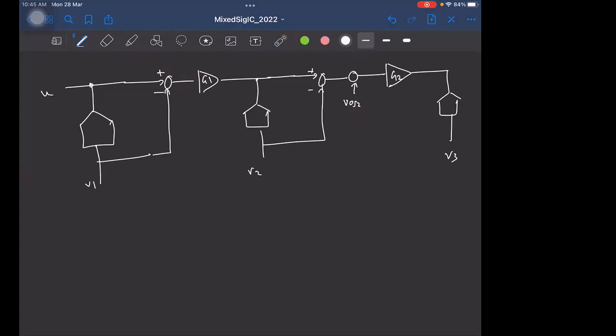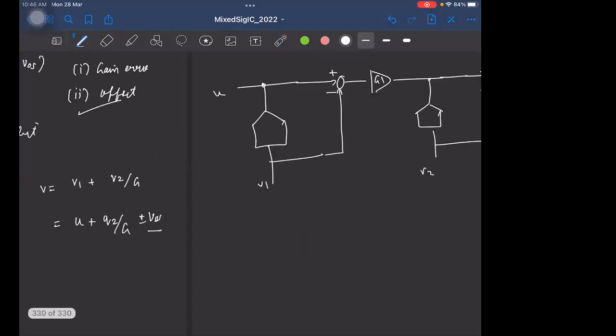But the idea is that if I want to refer it back to the input, it is VOS by G1. So the point to note is that the offsets of the succeeding ADCs or amplifiers get divided by the gains. The important thing to design for is the offset of the first stage. Besides that, there is nothing serious to it. So let's now focus on the gain error. Let me just take the two-step case, for example.